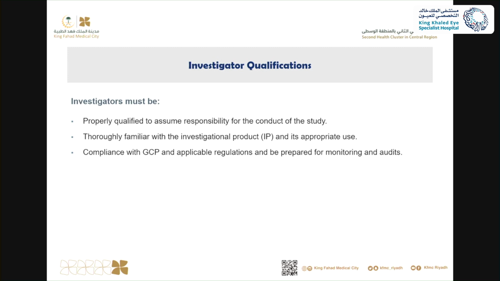You need to show in-depth understanding of the good clinical practice guideline. This is what we mean by investigator qualification. So you have to test yourself: do I fulfill all these requirements or not?